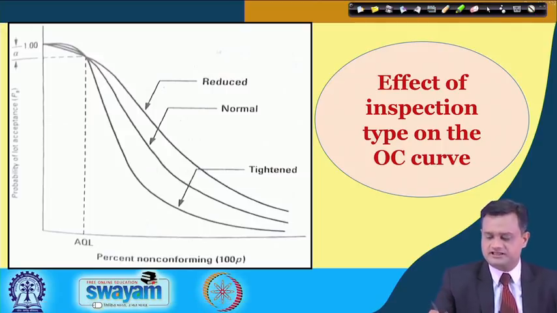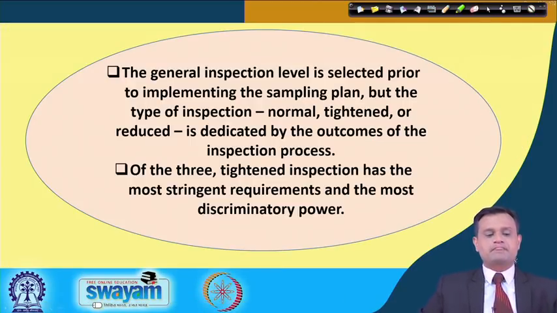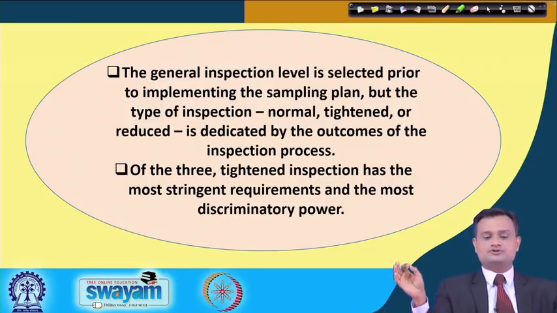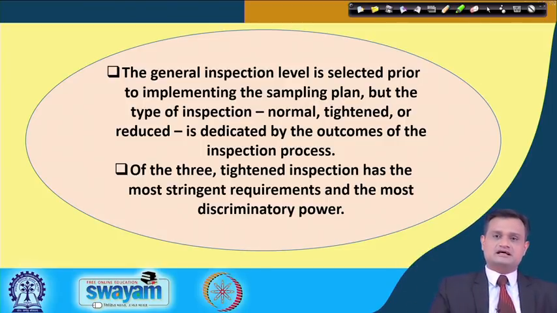So with this understanding, I would say the general inspection level is selected prior to implementing the sampling plan, but the type of inspection, normal, tightened or reduced, is decided by the outcomes of the inspection process. Too much rejection from the vendor's material, I have to go for tighter.